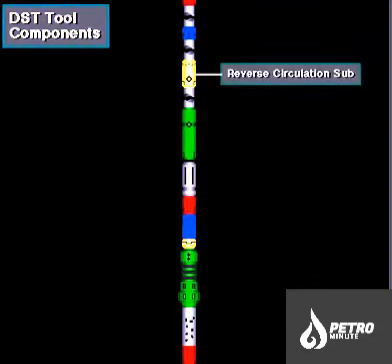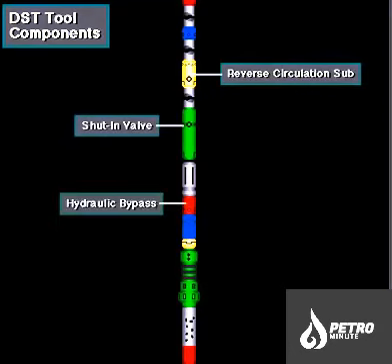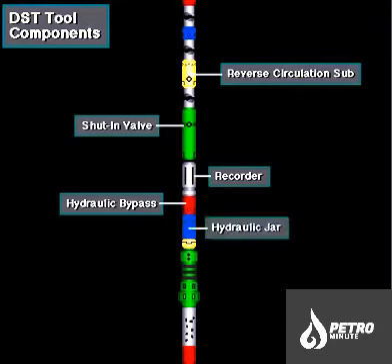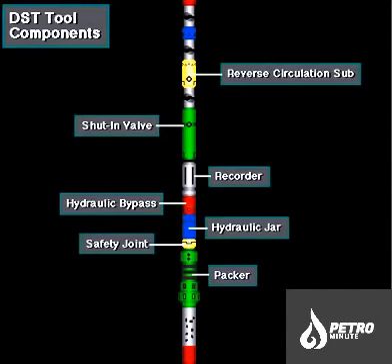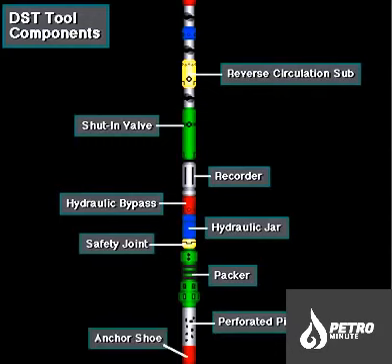From top, it has a reverse circulation sub, shut-in valve, hydraulic bypass, recorder, hydraulic jar, safety joint, packer, perforated pipe, and an anchor shoe.